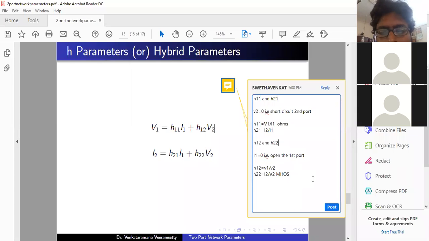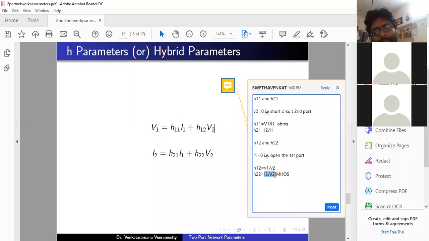Similarly, if you open the first port, that means you make the current I1 equal to 0. When you make I1 equal to 0 by opening the first port, you are able to calculate H12 and H22 by taking the ratio between V1 and V2, and the ratio between I2 and V2.